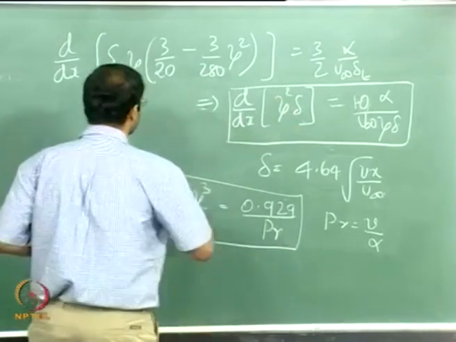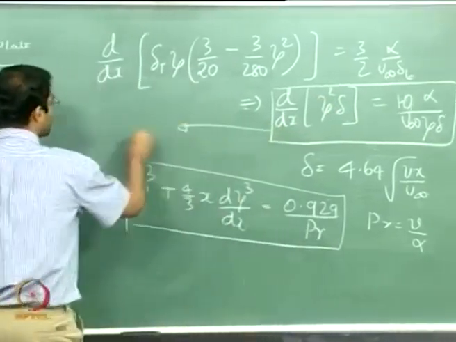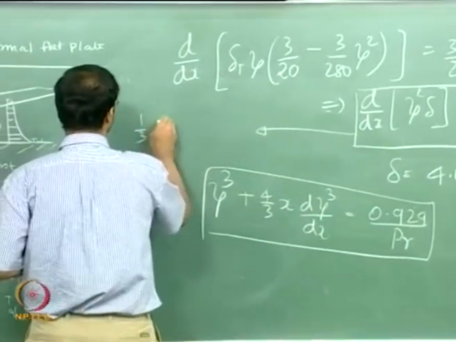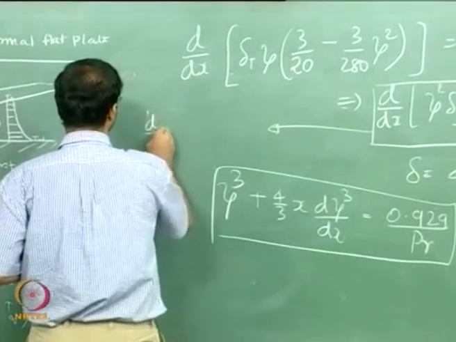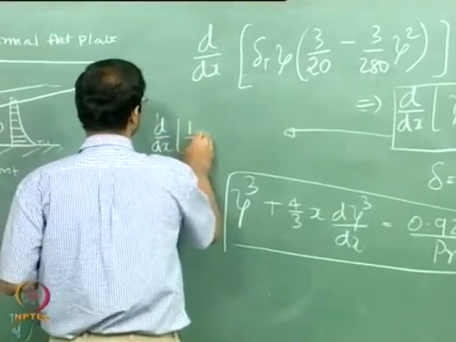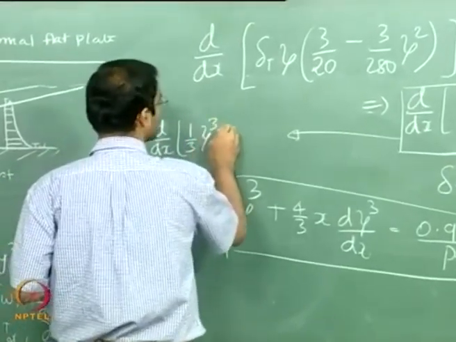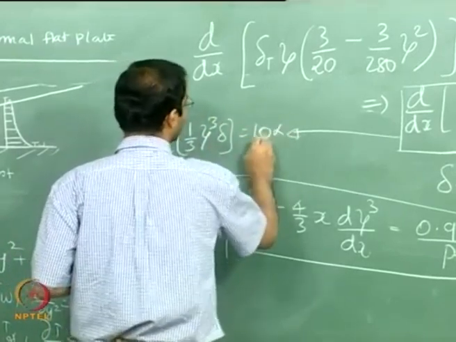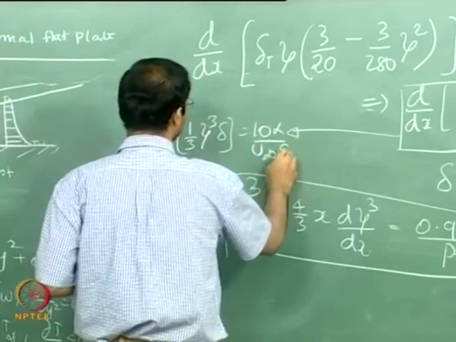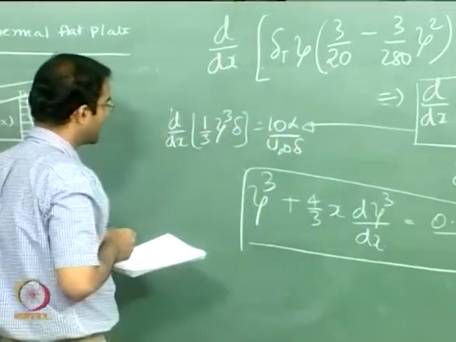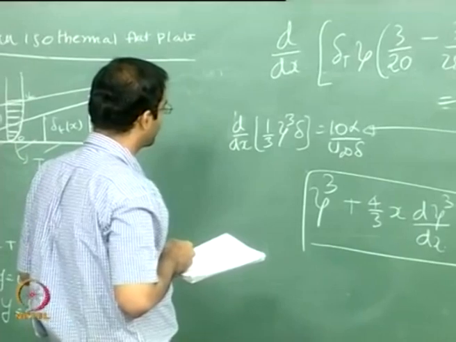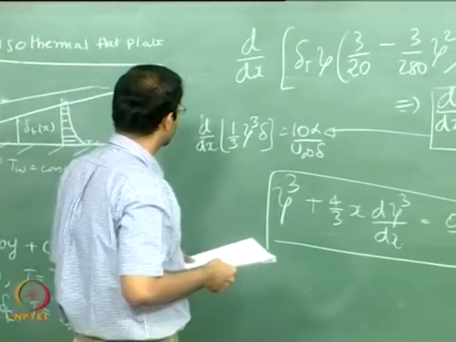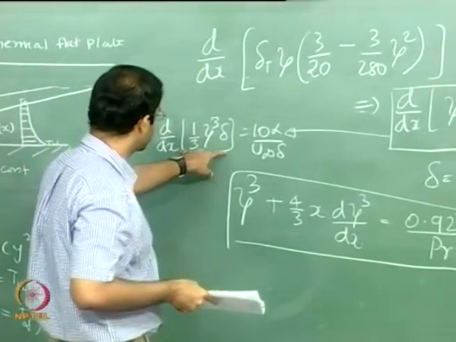Okay, if you want me to explain this, I will say, so this can be written as 1 by 3, or I can say this as d by dx 1 by 3 delta cube zeta cube delta is equal to 10 alpha by u infinity into delta. Okay, I think, yeah, should be right. So now I can expand this into two terms.